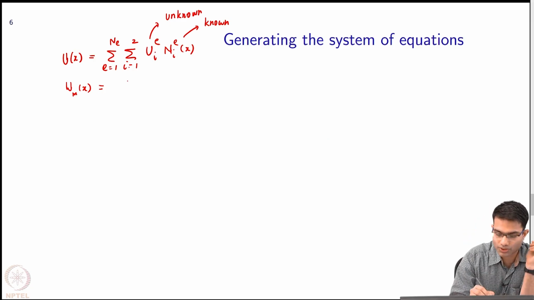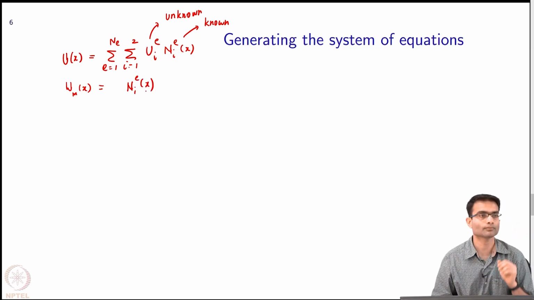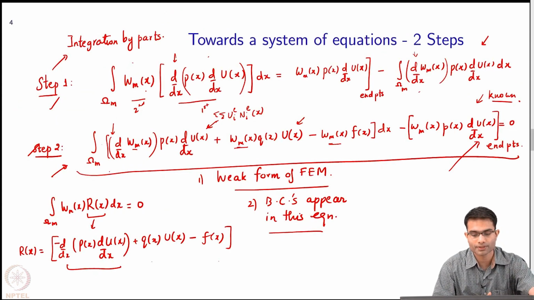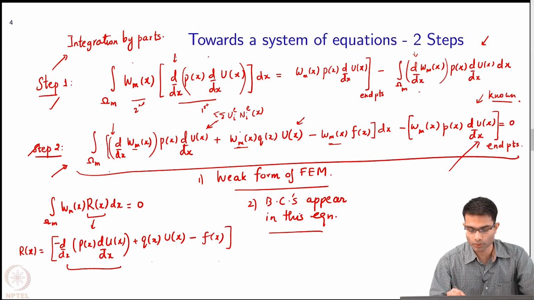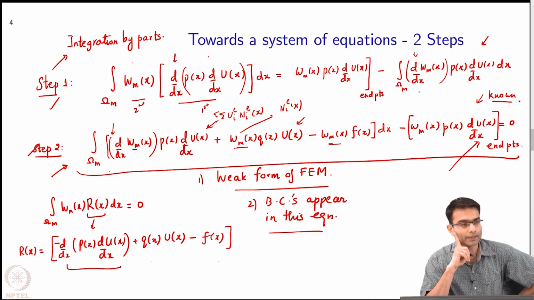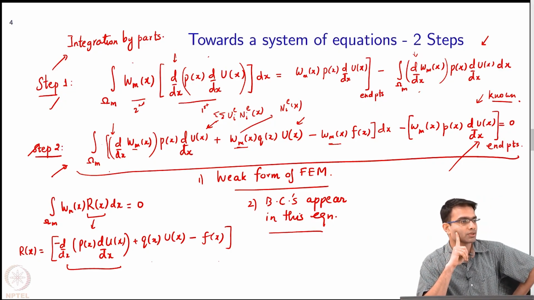So can I choose this to be N I E x? Is there any conceptual problem with this? Right. So if we go back to this equation, if I choose this W m x to be something like N I E x, is there any problem? This equation will contain the unknowns, U I Es will appear at various places, and everything else will have to be done by integration, right?